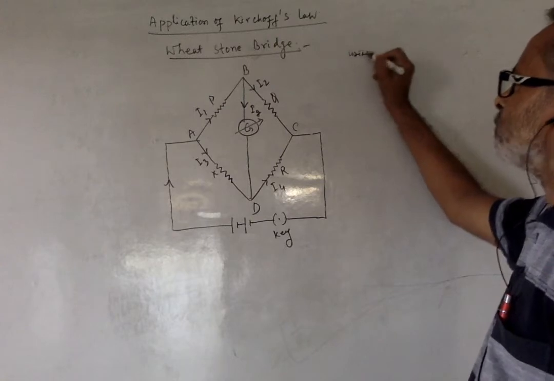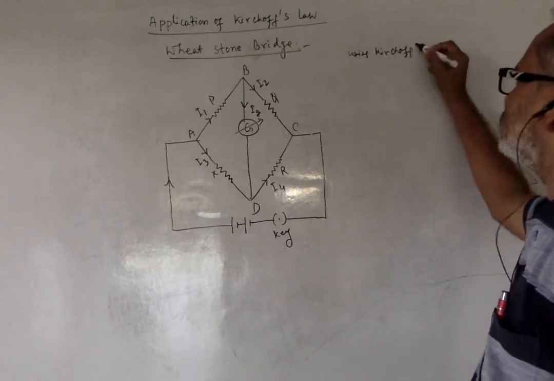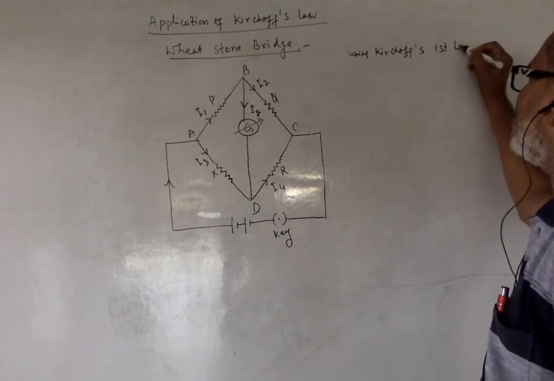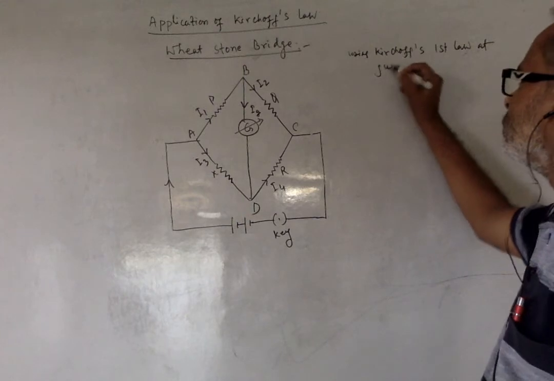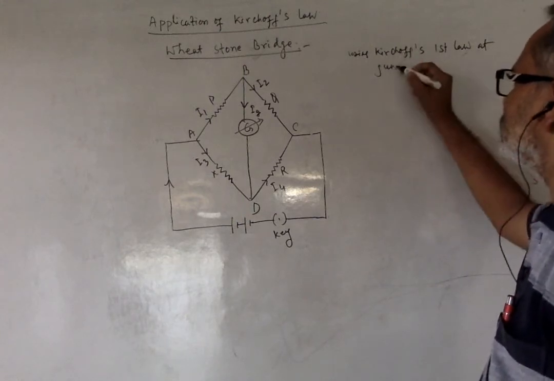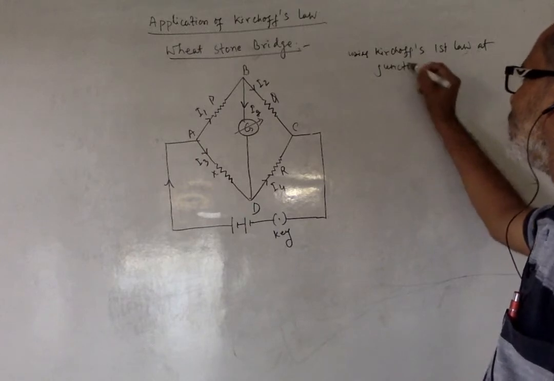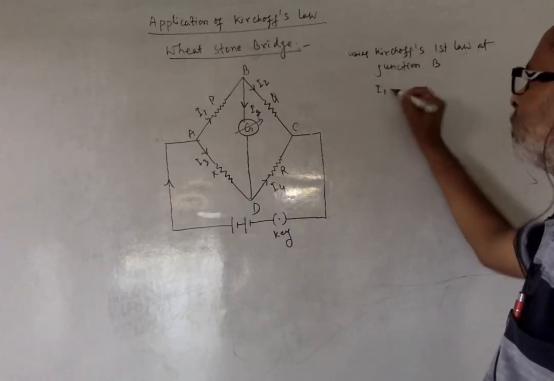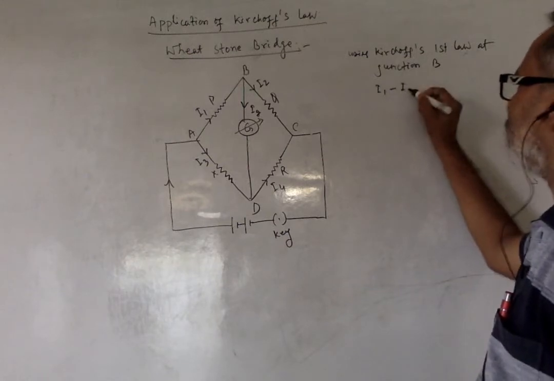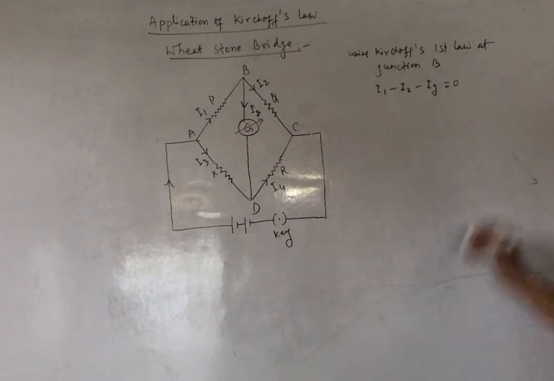Using Kirchhoff's first law at junction B, I1 minus I2 minus Ig equals 0.